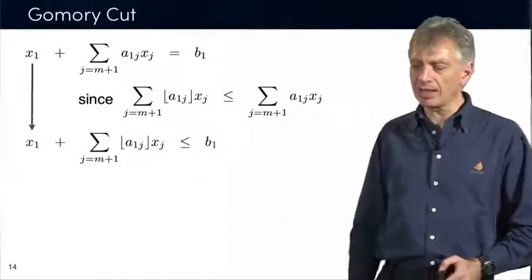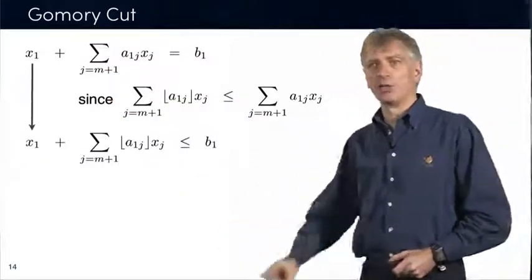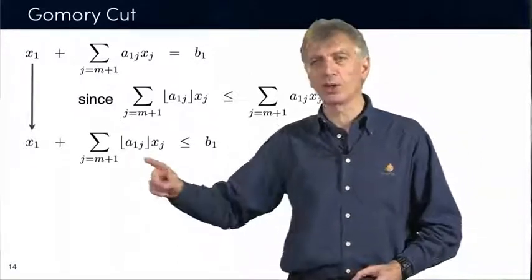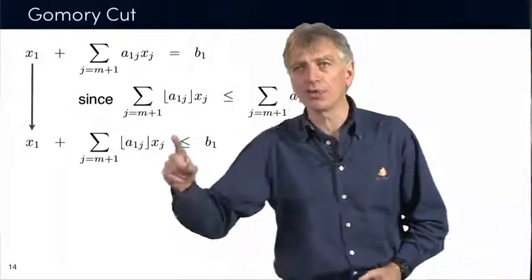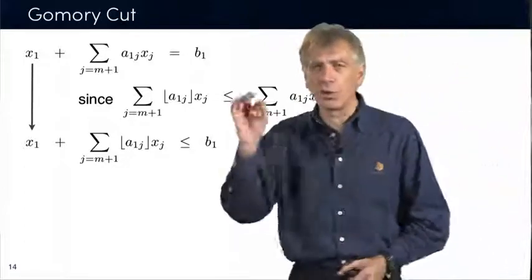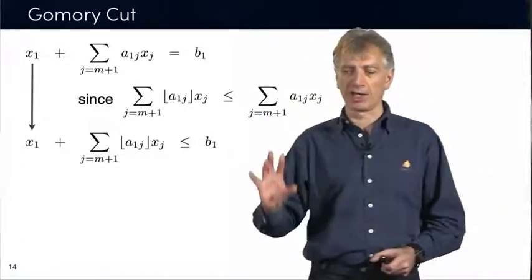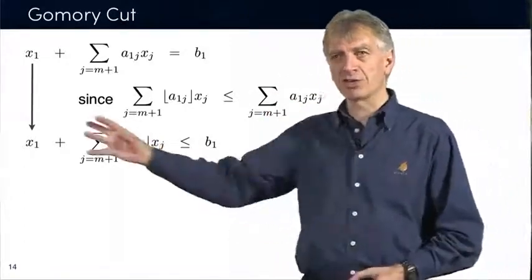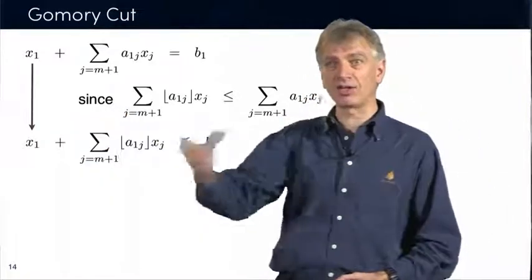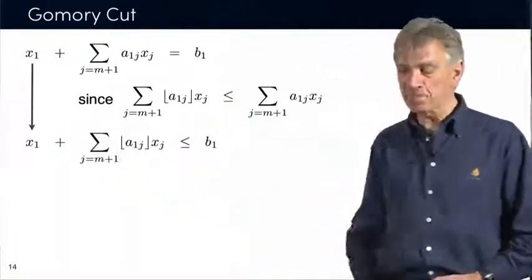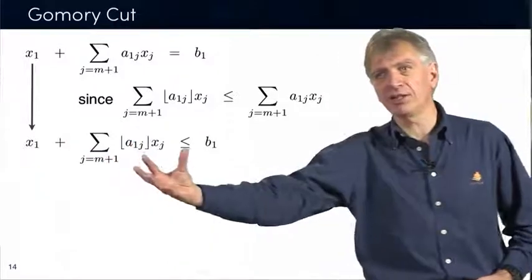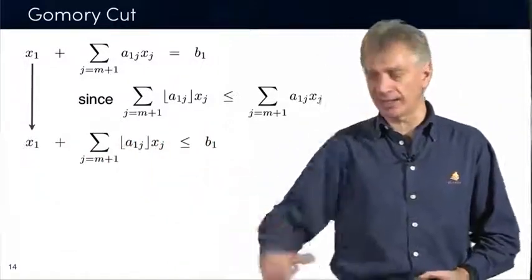So we can rewrite that constraint as an inequality, smaller or equal to b1, but now we have rounded all the coefficients downwards, so all these coefficients are integer values. I haven't done anything, so this is a self-evident truth. What you see here is essentially a valid inequality.